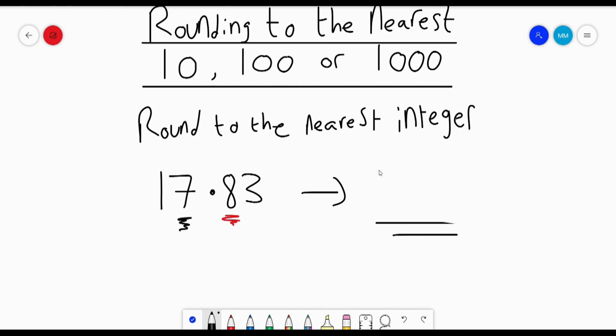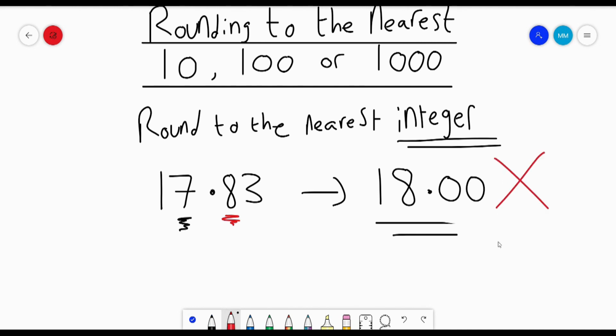So you will write 18. The 8 and the 3 turn into zeros, but you've been asked for an integer, so you cannot write .00 this time because that would get you a big cross. So you have to write 18 to make it an integer or whole number. And that is all I need to say on this whole rounding thing.